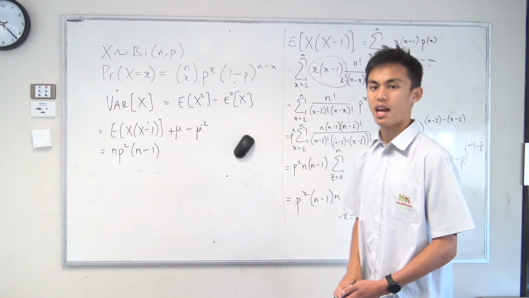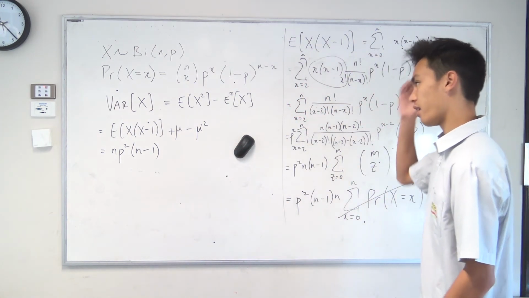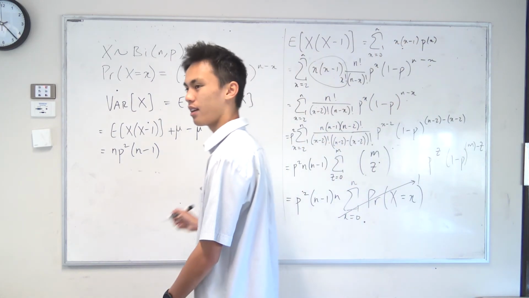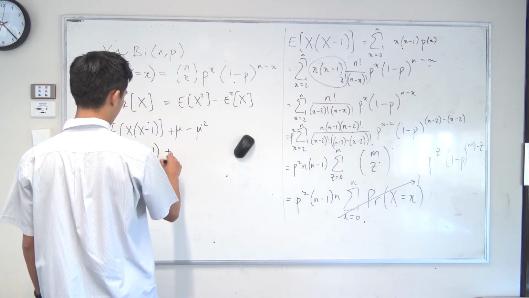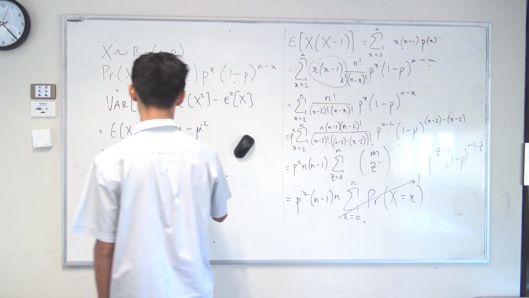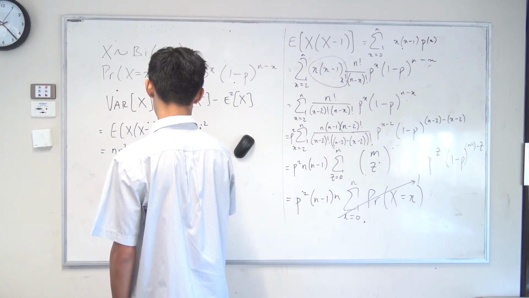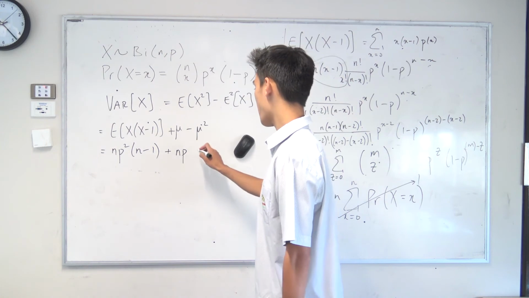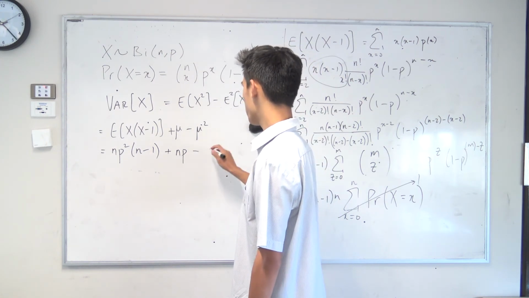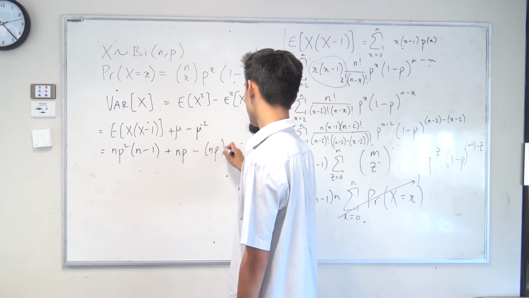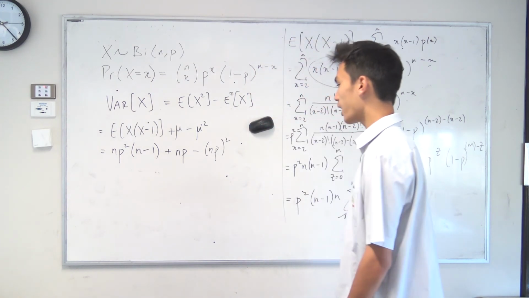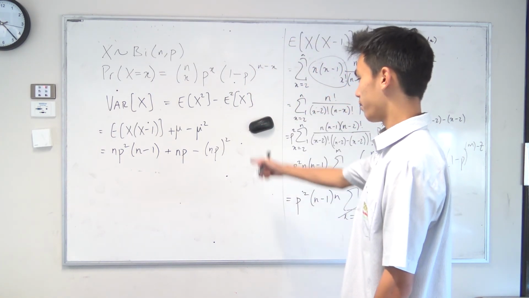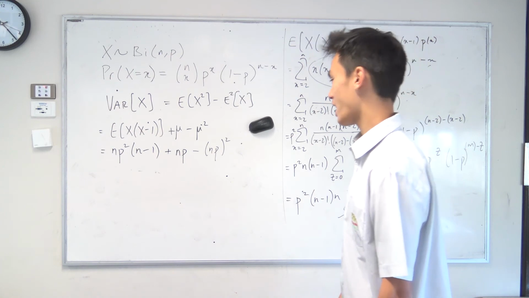Well, I've derived this in a previous video, the expected value of a binomial probability distribution. But the expected value of a binomial probability distribution is just n times p. So that's mu right there, and then we have negative mu squared, which is just n times p, but the whole thing squared.